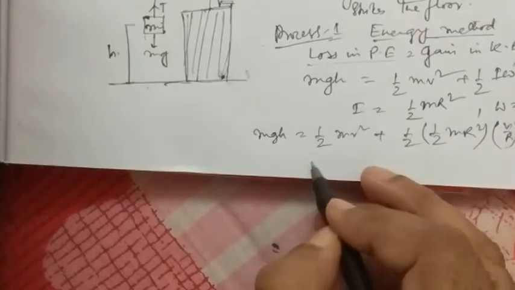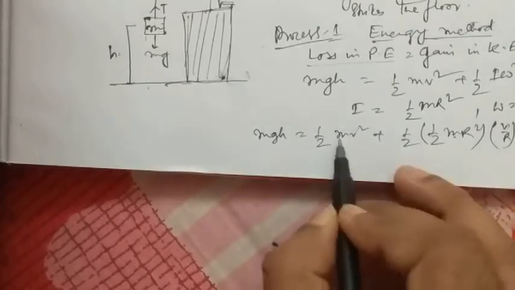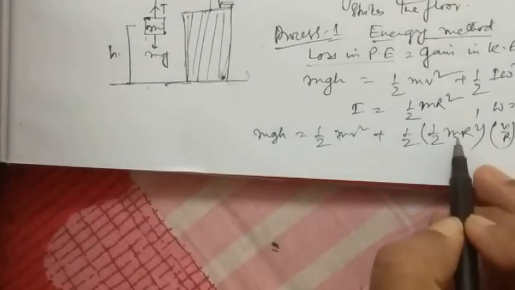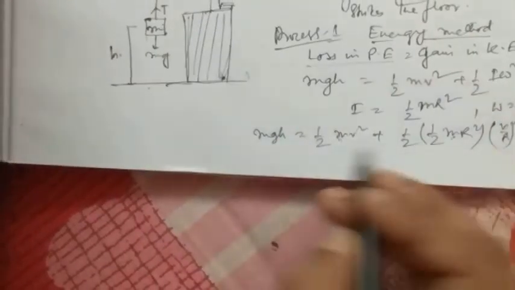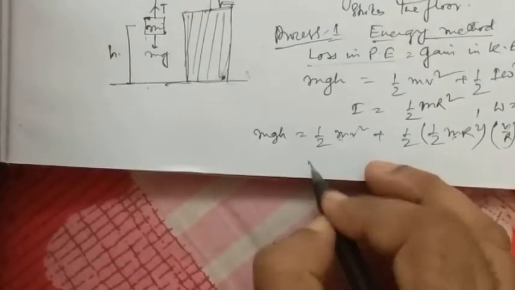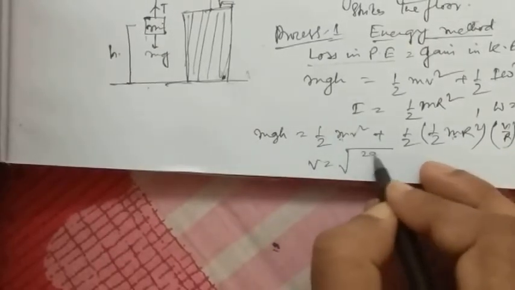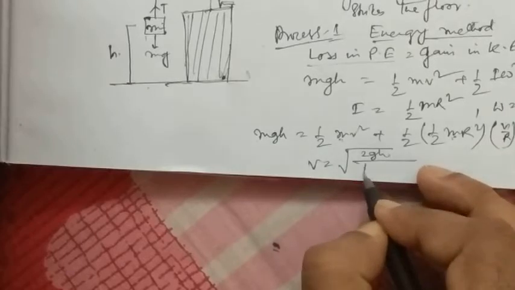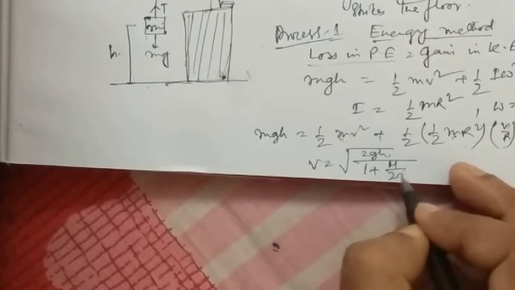Now solving this, we eliminate m from both sides, so v is equal to square root of 2gh by 1 plus M by 2m.